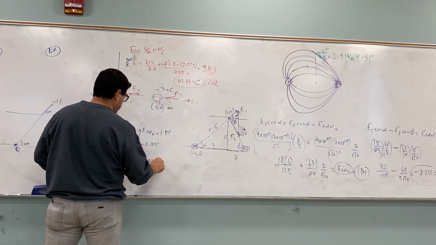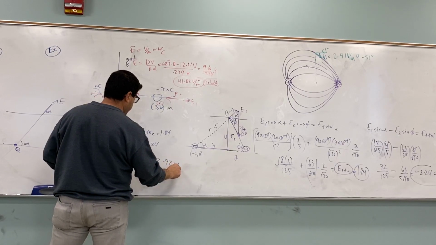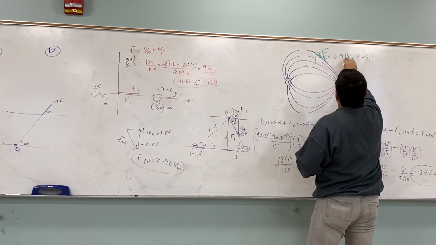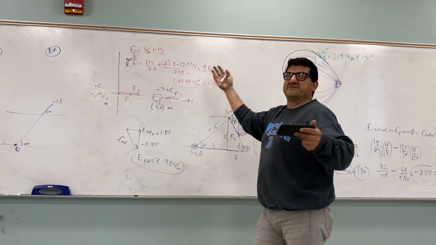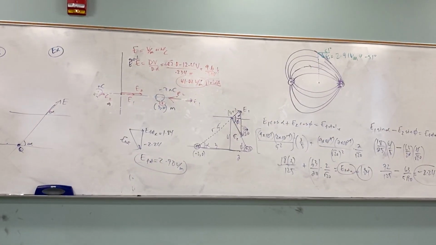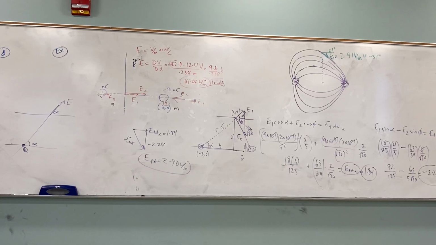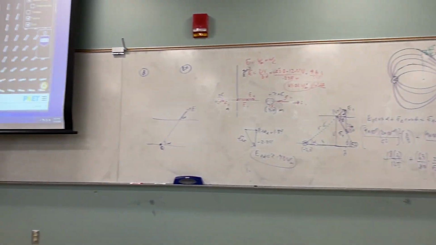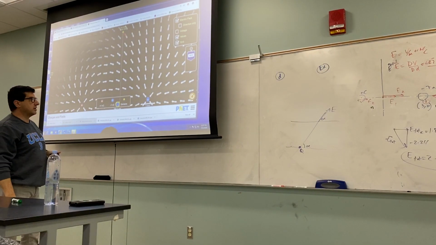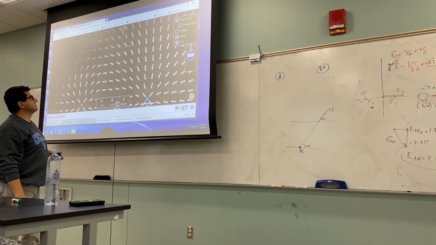E total is 2.90 volts per meter. This is a great app for you. You can practice too. Just make any charge and then practice getting the electric field anywhere. Great preparation for a test.